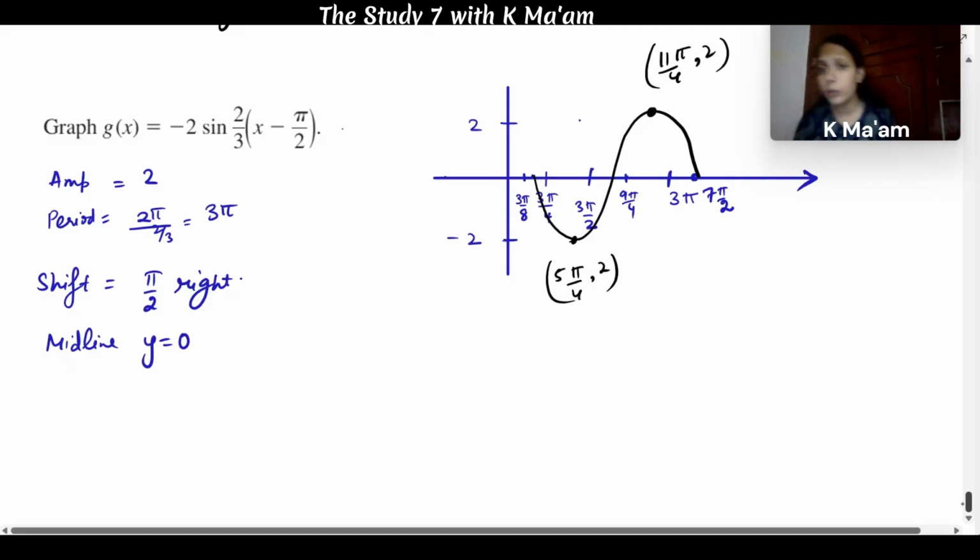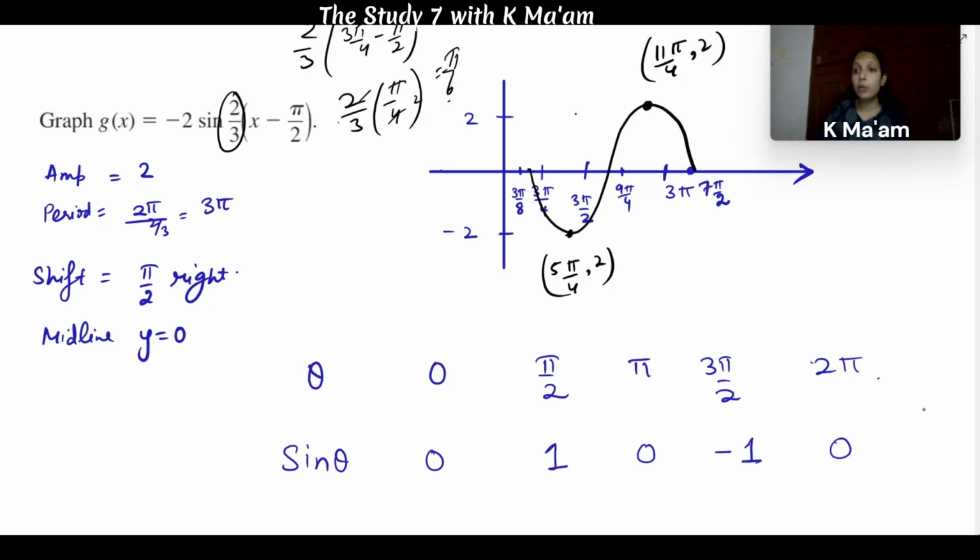The other way to remember how to find the coordinates. Let's see how to compare with the original sine theta and theta values. Here it is for 0 to 2 pi, but now the period is 3 pi. What is the extra term multiplied? 2 by 3. It's a horizontal stretch by factor 3 by 2.